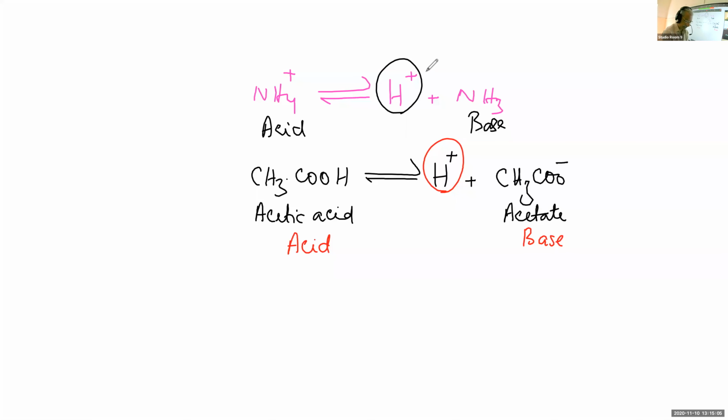Okay, let us take one example to find out the conjugate acid and the conjugate base. Let us start with ammonia, NH3. How will you get the conjugate base? Okay, I shall help you.